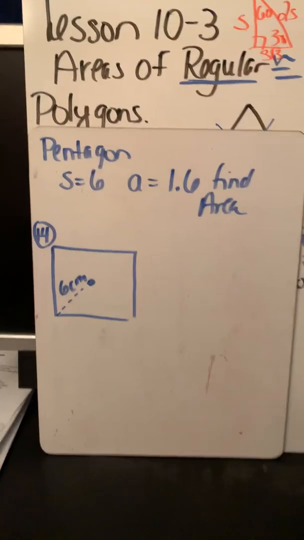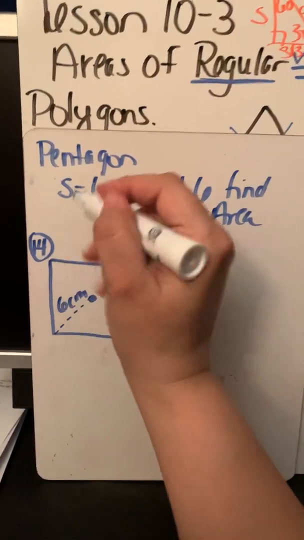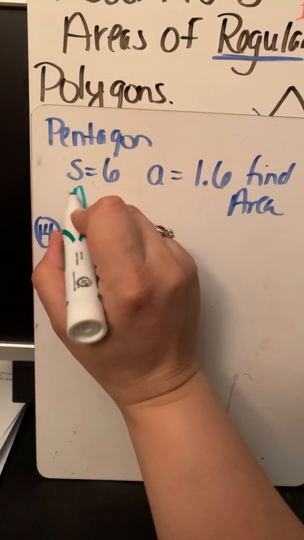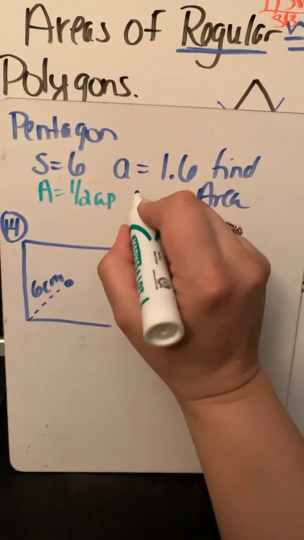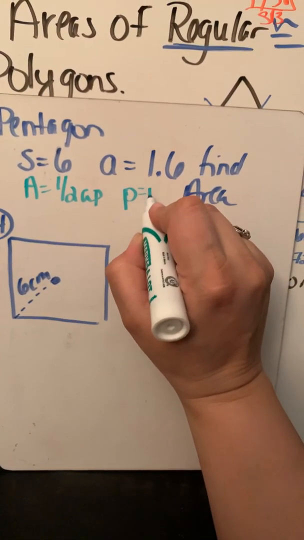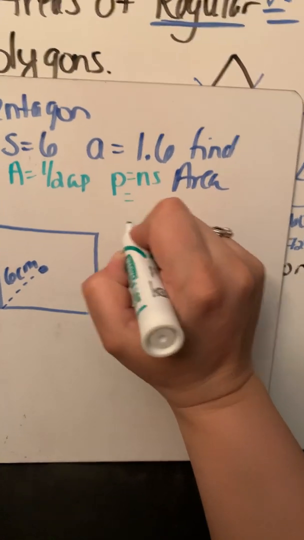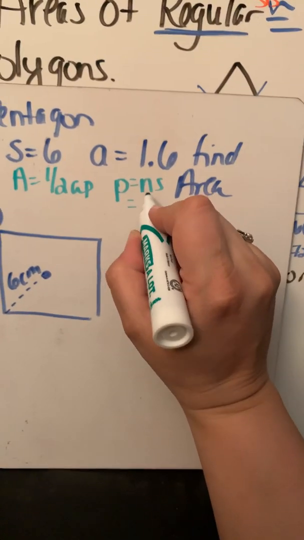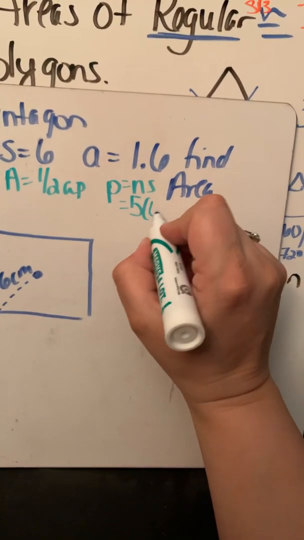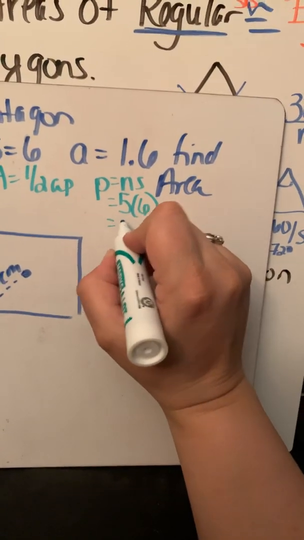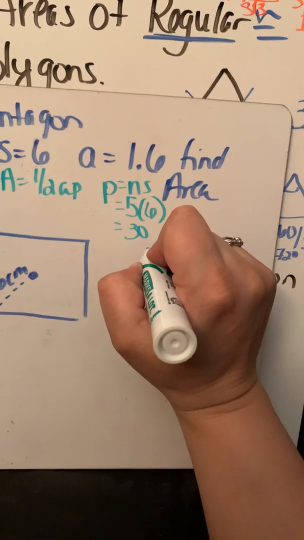So if I'm trying to solve this, again, I'm going to do A equals 1/2 AP. And off to the side here, I'm going to do P equals NS. Well, how many sides does a pentagon have? 5. What did they just say the side length was? 6. So my perimeter is 30.